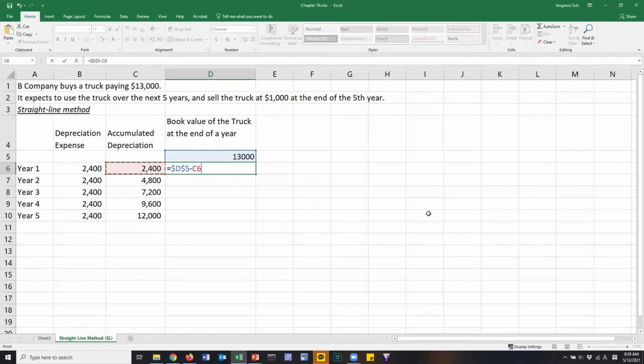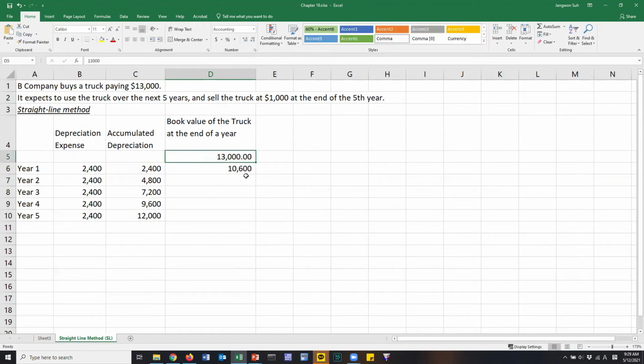As a result, your book value is the historical acquisition cost, 13,000, minus the accumulated depreciation, which is now 10,600.